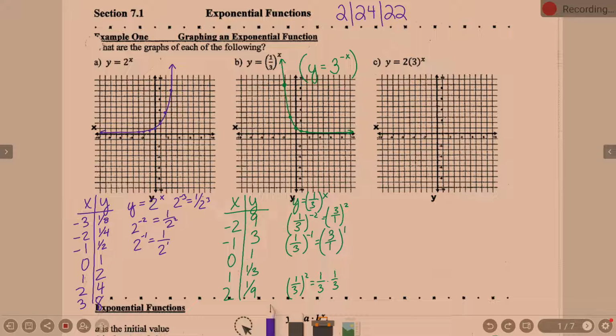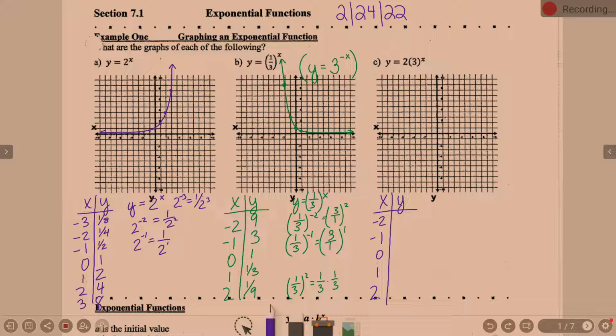What X values am I going to encourage you to use? -2, -1, 0, 1, 2. Same thing we've been doing, right? Do you guys like me starting at the bottom, or you want me to start at the top on this one? Start at the top, go right into that negative, attack it.